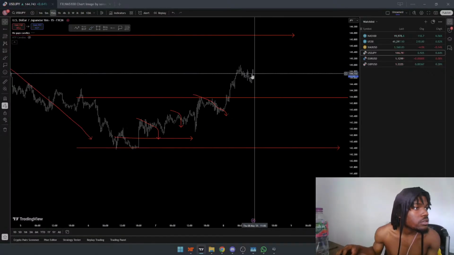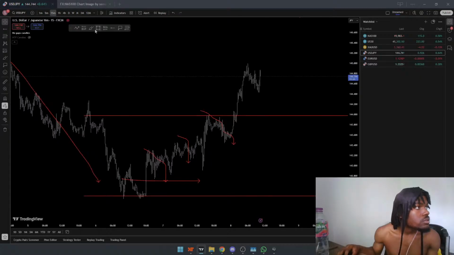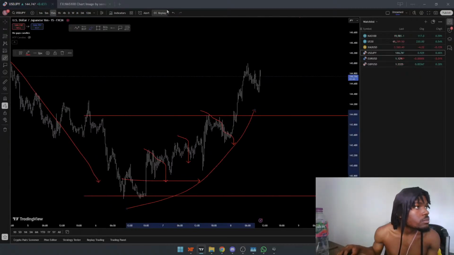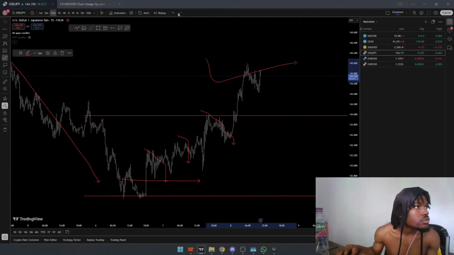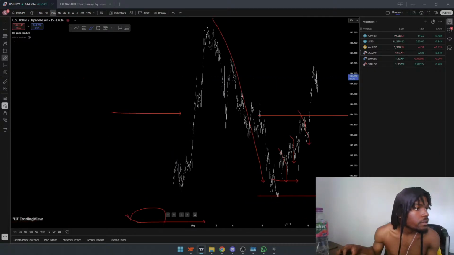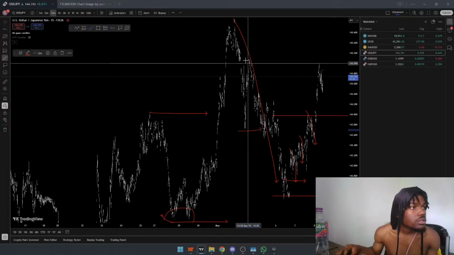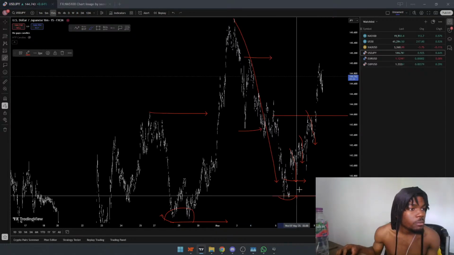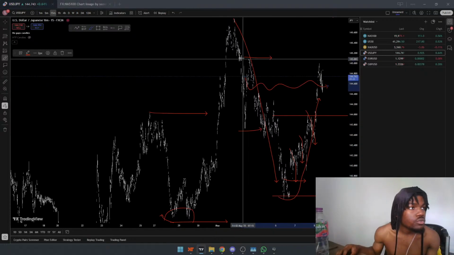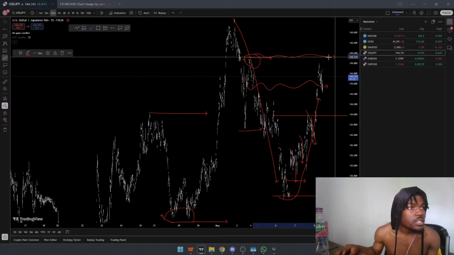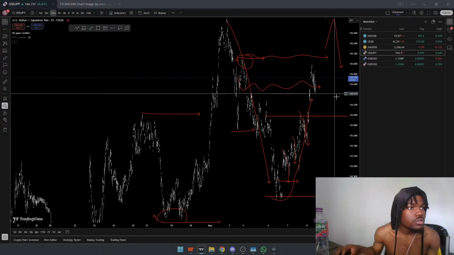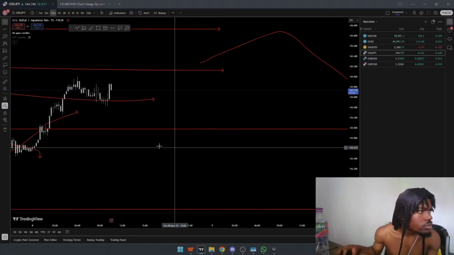Let's look on the 15. So we're seeing just an up move, a pullback into, it's on the lower time frame though. A pullback into this range, and then if you can see this, it creates another range for us to move back into. So let's see what we're doing.